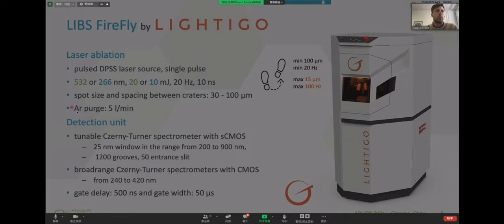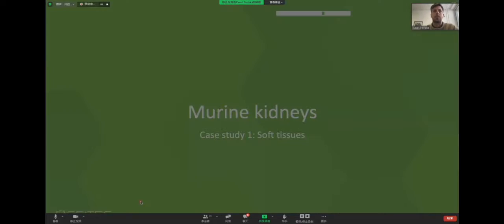We are also doing an argon purge, which increases the sensitivity. For the detection unit, we are using two different spectrometers, a tunable Czerny-Turner spectrometer and a broad range Czerny-Turner spectrometer. We are also optimizing the gate delay and so on. This is quite standard in LIBS, I would say.